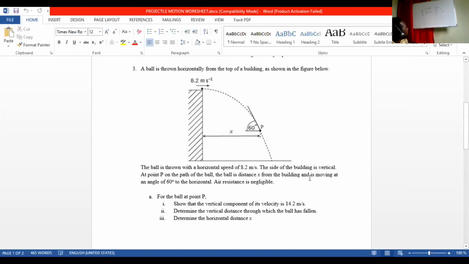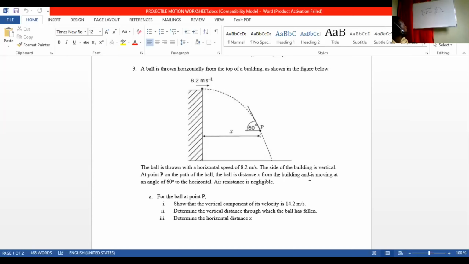If we have the angle or both components of the velocity. All right, so we don't have the time. So I think we should be able to find time.